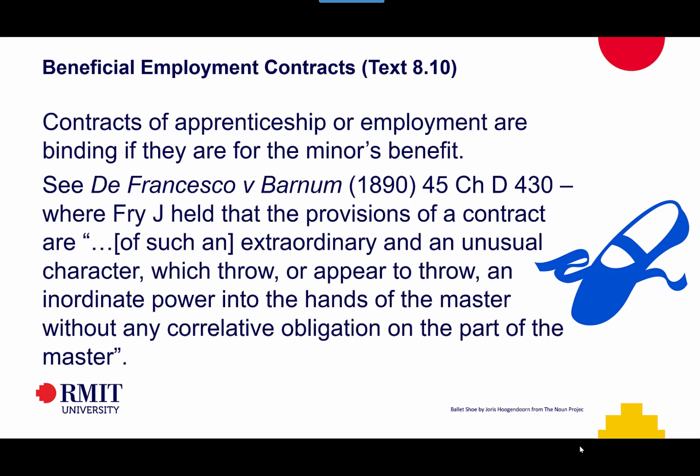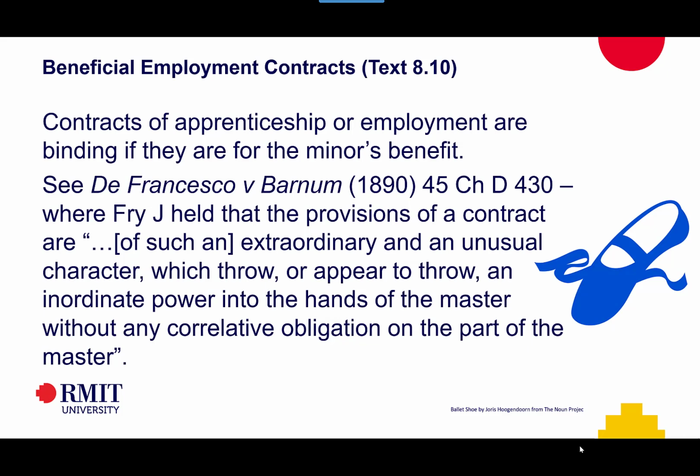Now, they looked at the actual circumstances and said, ultimately, this is not a beneficial contract of employment. It might be beneficial to De Francesco, but it is not beneficial to the minor. The minor isn't getting regular support, she's not getting regular training, therefore no contract.